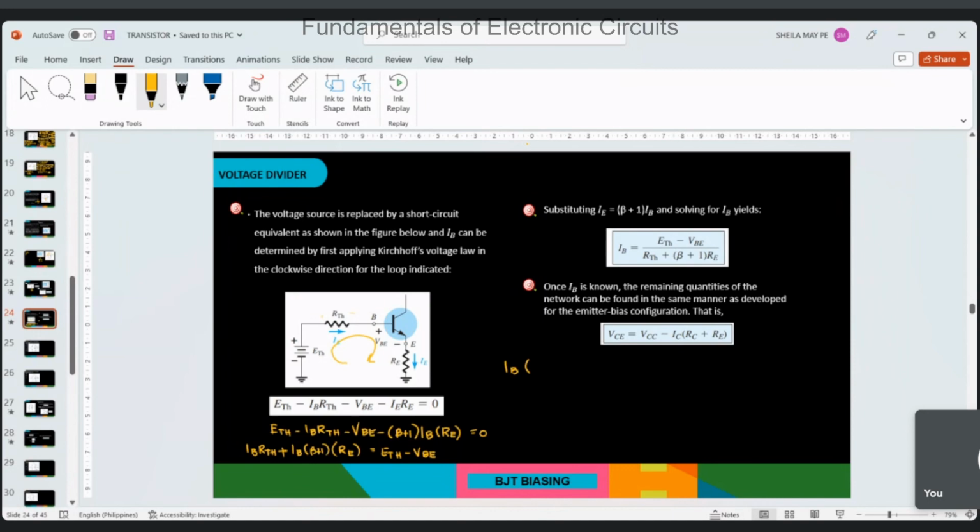Mahabilin, IBRTH, kuhanin mo IB, ang mahabilin na lang si RTH, plus beta plus 1, RE, equals to ETH minus VBE divided by RTH plus beta plus 1 RE.